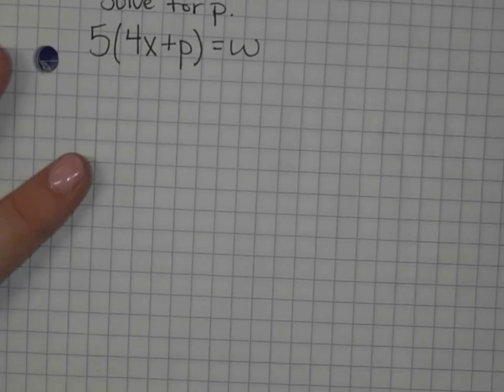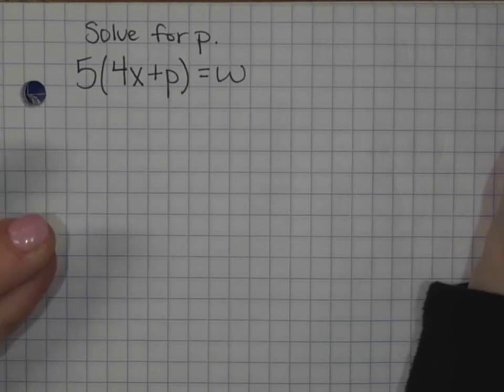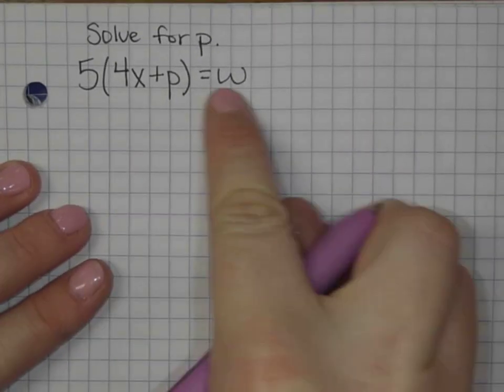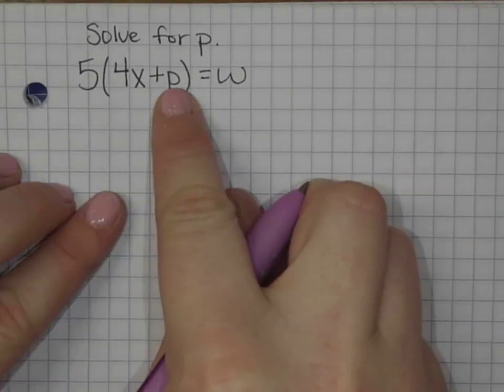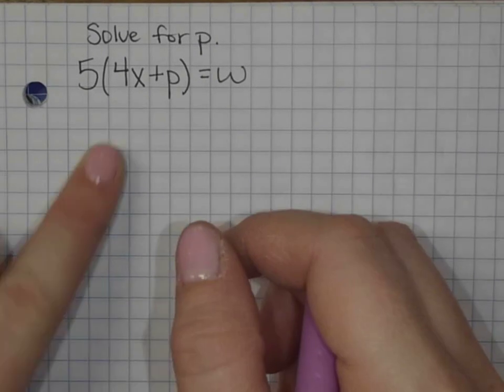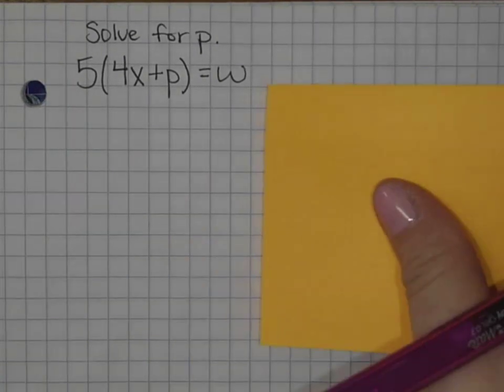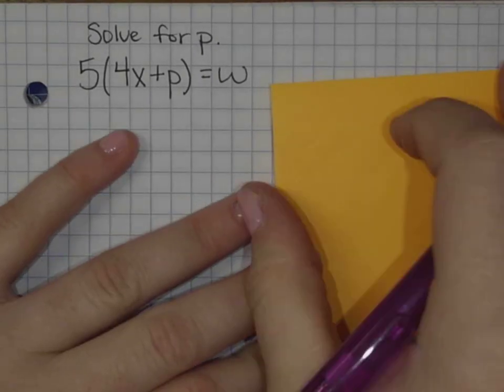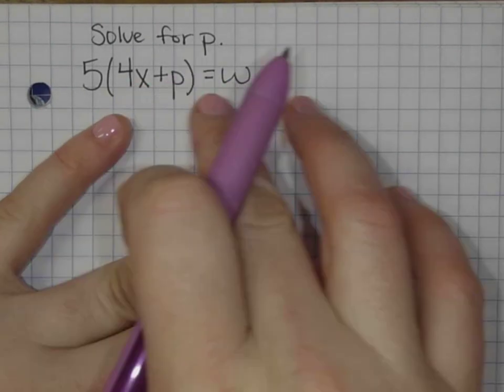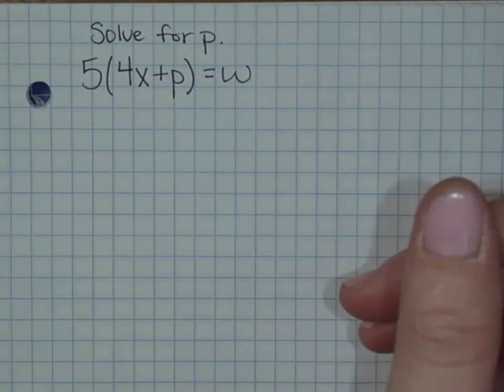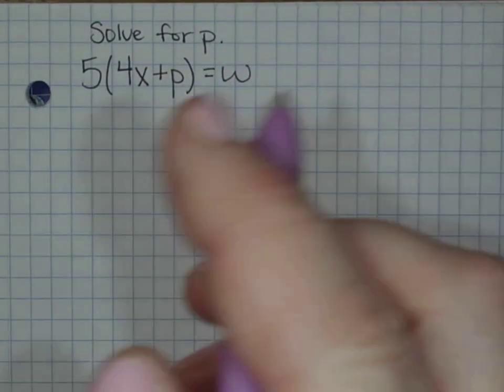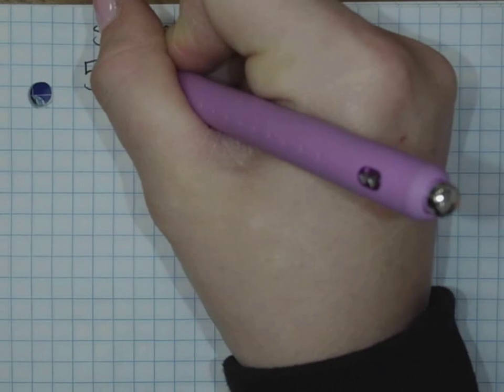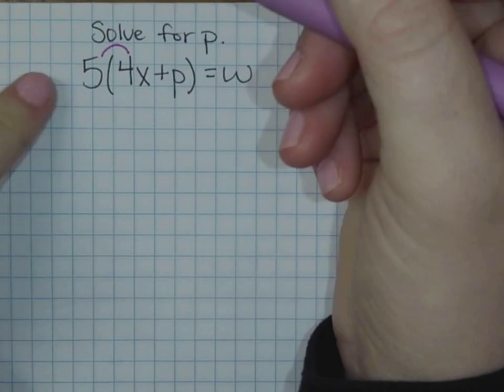So you still have to use the same concepts as if everything were numbers and you were just solving for p. If it helps you, you can always just pick random numbers and plug them in for the other variables. But just remember, you still have to go back. So you kind of just have to get in the habit of knowing what to do.